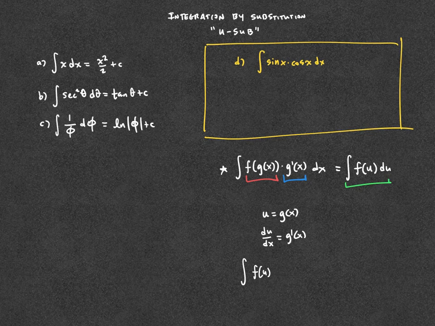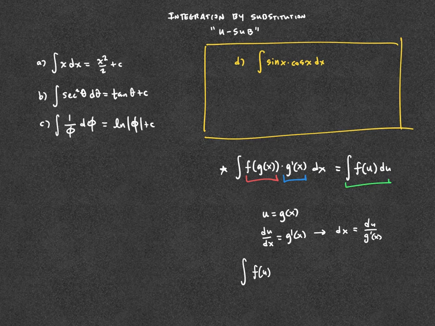Now how do I get rid of g prime of x and dx? I'm going to do a slight manipulation here and solve for dx. With a little bit of work, dx will equal du over g prime of x. Now I'm going to sub in for dx, du over g prime of x.